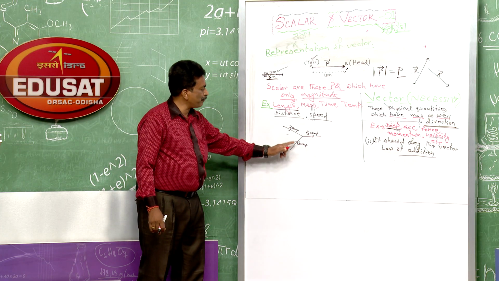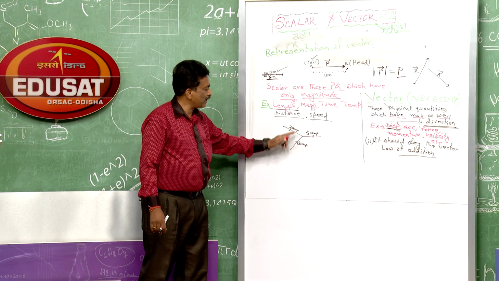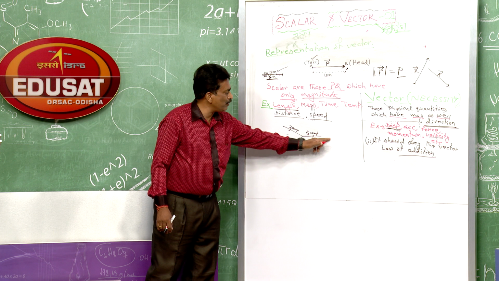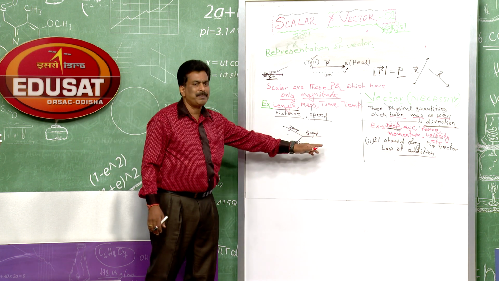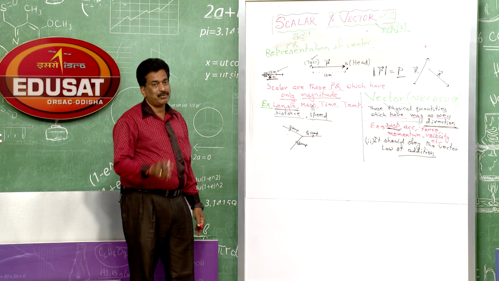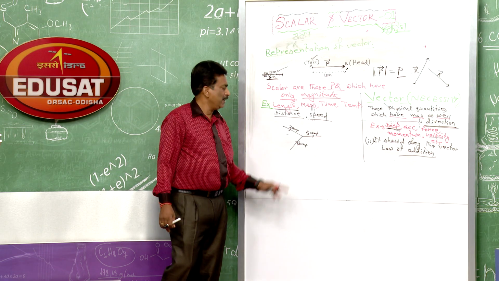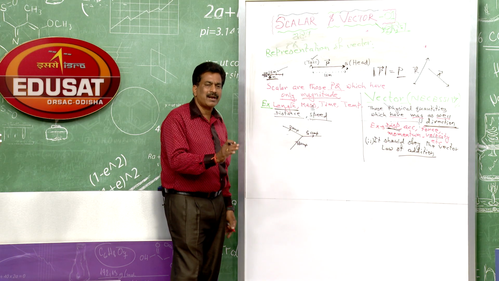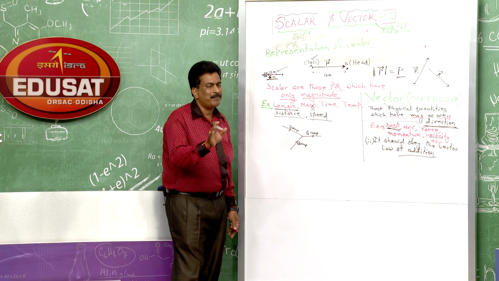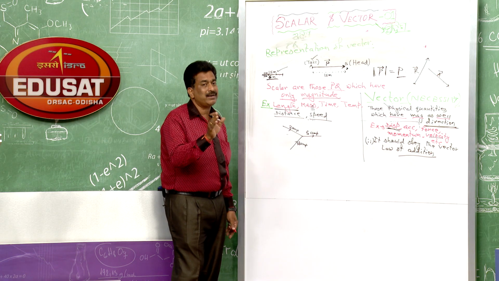So the 2 ampere and 3 ampere came to a point, then they will pass as the addition of that, which is 5 ampere. But what will we say about the current? This 2 plus 3 equals 5 is the general form of addition, but that is not vector addition.